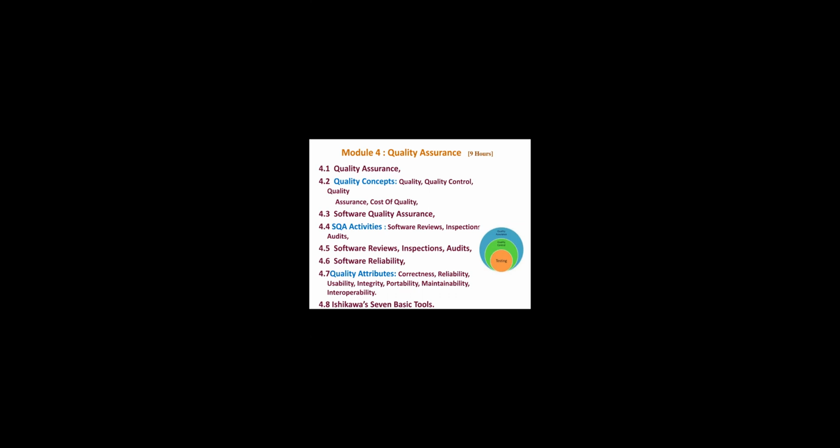Then we will discuss quality attributes like correctness, reliability, usability, integrity, portability, maintainability, and interoperability. And the last topic, Ishikawa 7 basic tools that can be used to measure the software quality assurance. So the technique proposed by him and what are the 7 tools which we can make use to measure the quality of a software product.